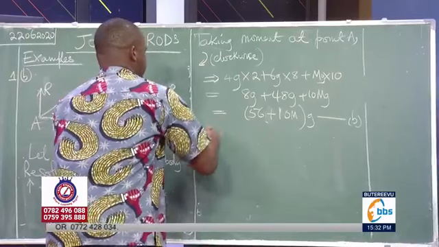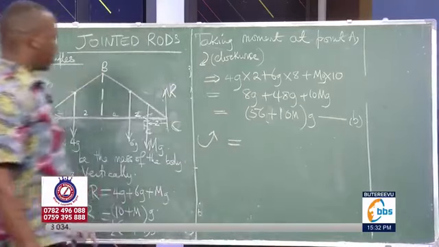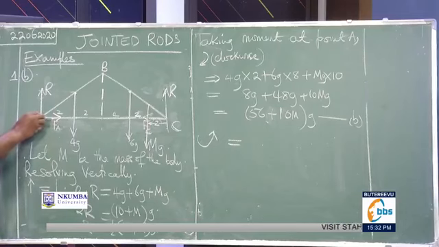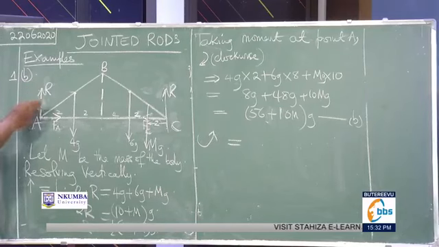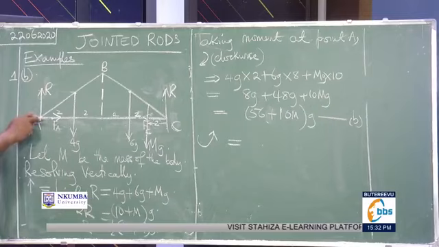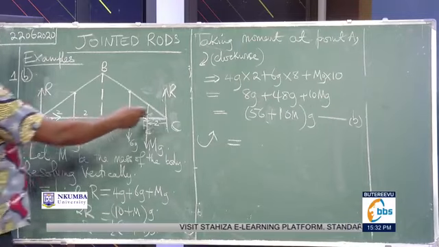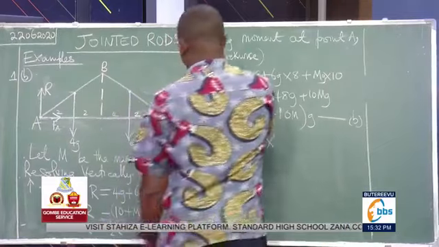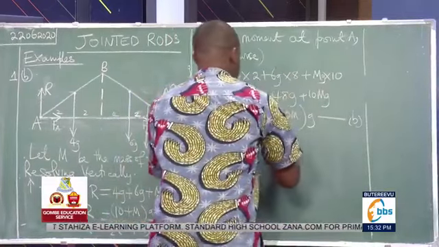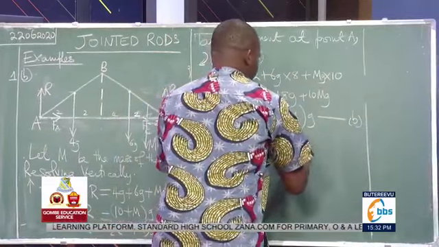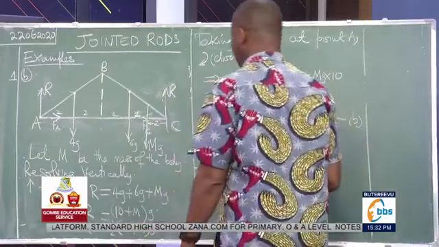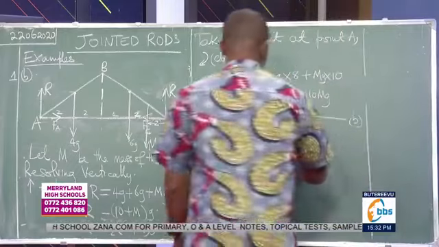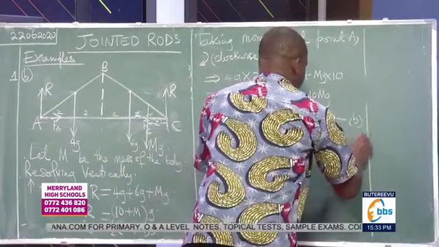Anticlockwise moments will only be R. The reason we are not taking R, if you are taking moments here, the moment of R about A is 0. Its perpendicular distance is 0. So we will have R, the reaction at C, multiplied by 12. 12 is just the distance. And we can call this C.